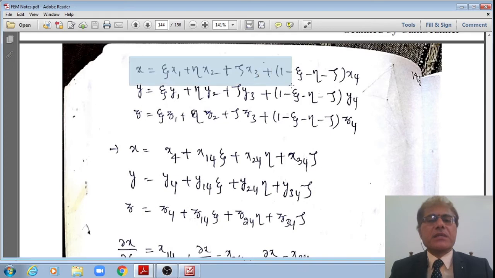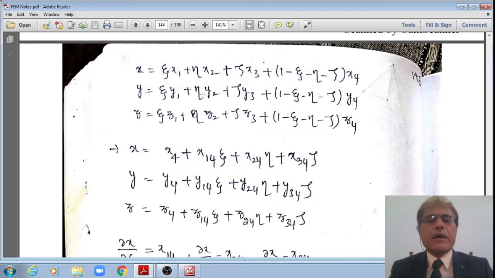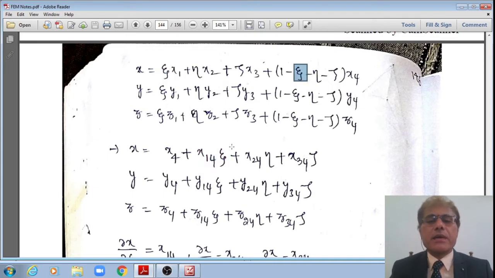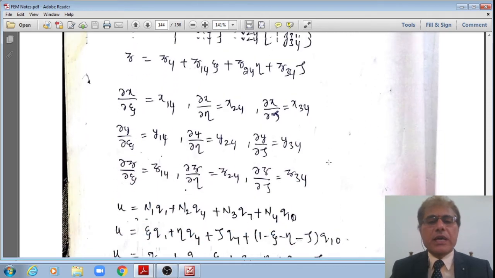Then I'll write the first equation as x4, which is a constant, plus x1 minus x4, where xij is notated as xi minus xj, multiplied by xi. Similarly, x2 minus x4 multiplied by eta, x3 minus x4 multiplied by zeta. Now all using that xij is equal to xi minus xj.